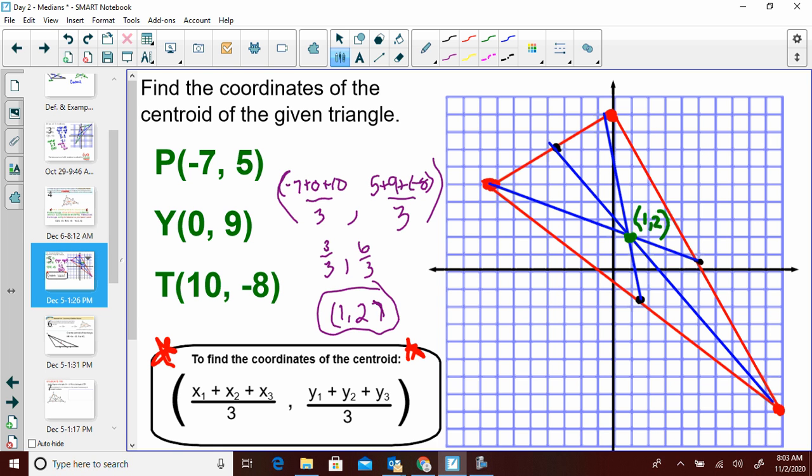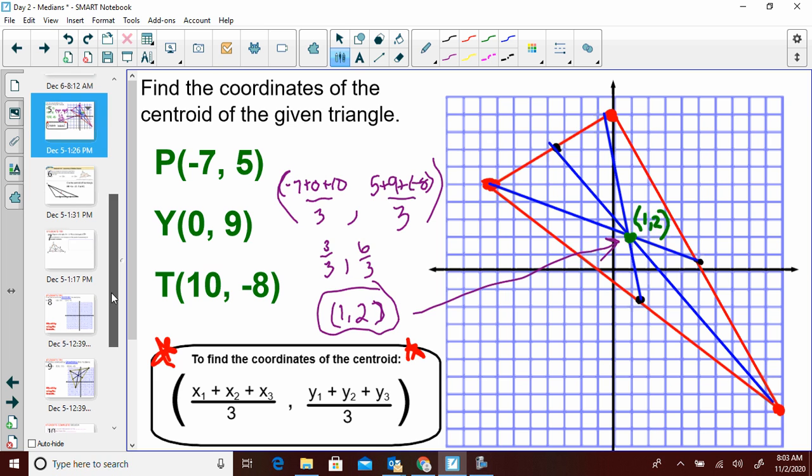Look at that. That is my centroid. So make sure you know this formula. I will probably have you find the centroid by graphing and then check the centroid by using the formula. It's a pretty easy formula, so you can check to make sure you at least graphed it the correct way. Again, add up the x's, divide by 3, add up the y's, divide by 3.